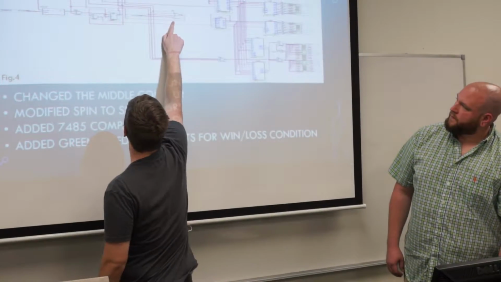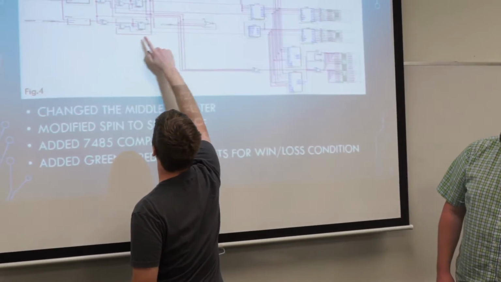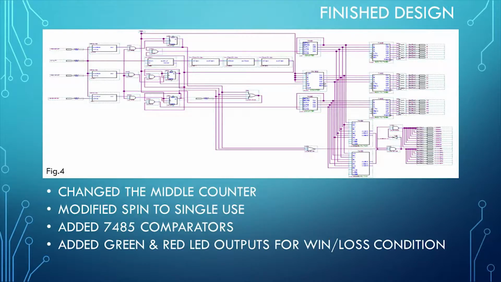This here is all of the push button signals ORed with the 4th button that starts all of them again, and the spin input. And those come from the JK flip-flops, I believe.